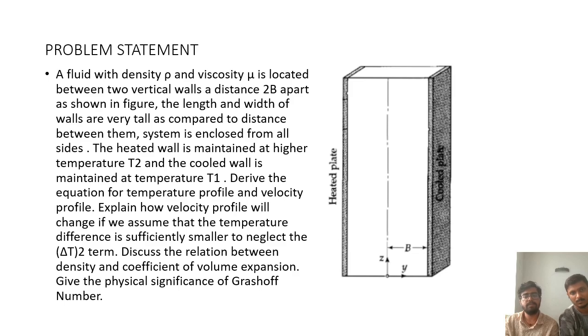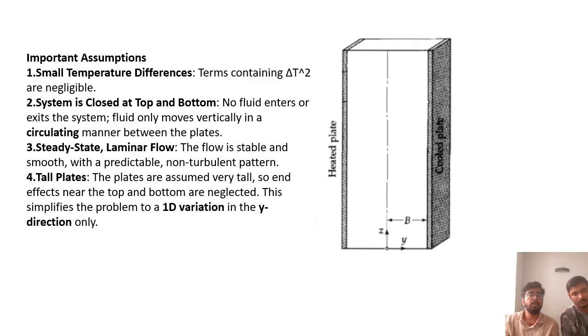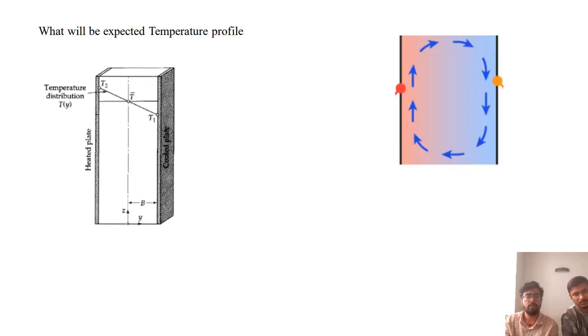First, we had our problem statement here, and then we made assumptions. The main assumption is that the width between the plates is very small compared to the length of the plate. And with T1 and T2, the buoyancy force, the motion will happen. These are also the same assumptions. So we will assume velocity in only the z direction.